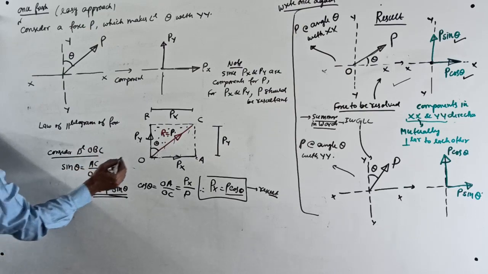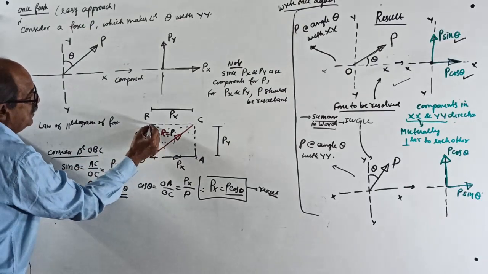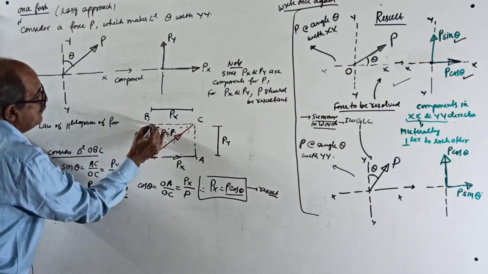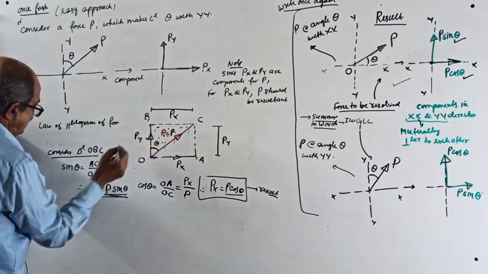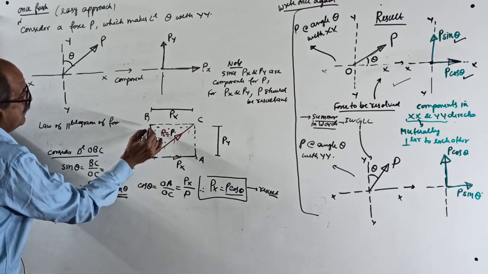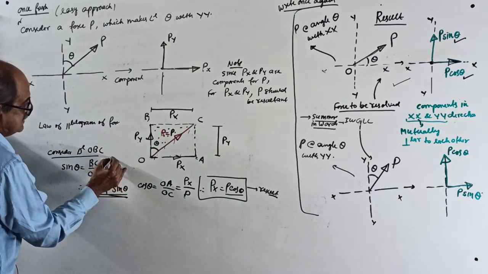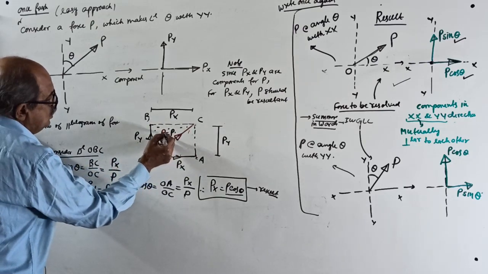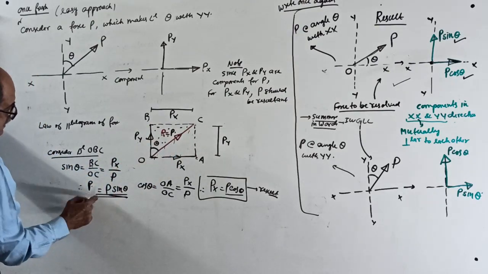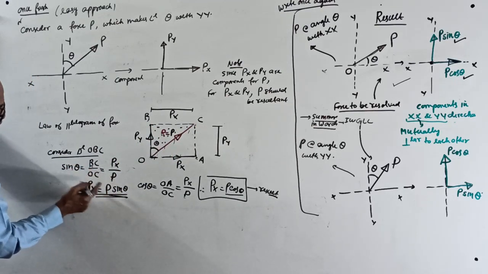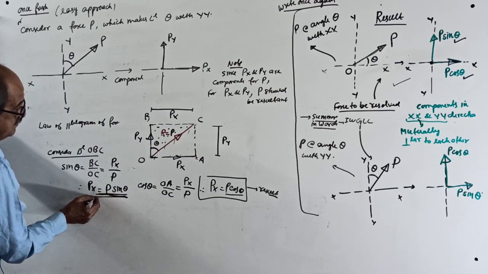Sin theta equal to BC divided by OC, but BC equal to Px. OC is R equal to P. Or you get Px equal to P into sin theta.